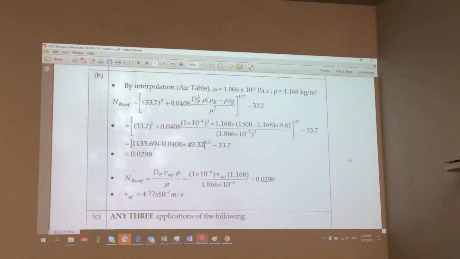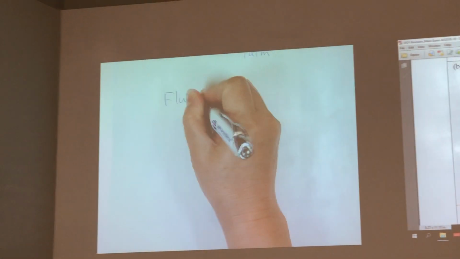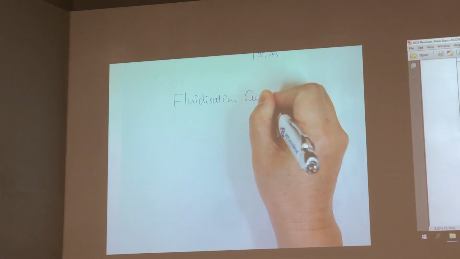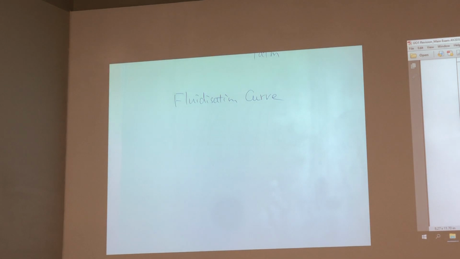For fluidization, listen. There's another one, although it's not in this paper. In the revision, I already mentioned, which is quite important. Fluidization curve. How to plot? Fluidization curve.